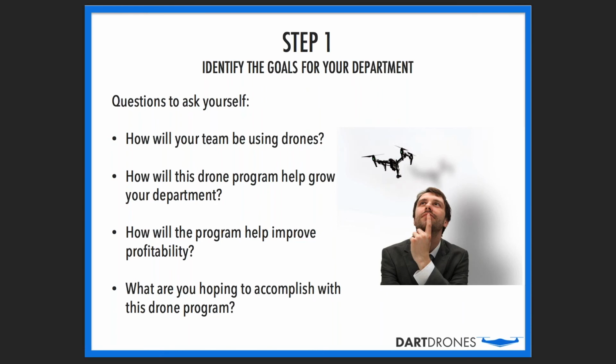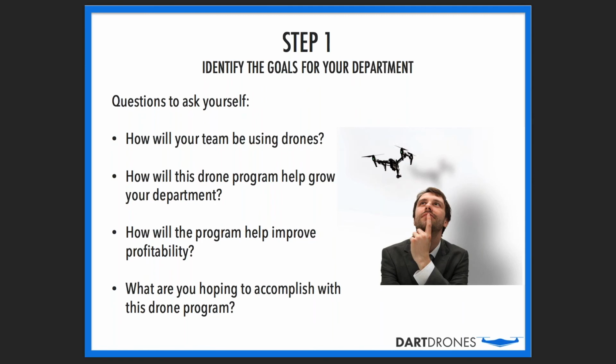First thing, you have to identify what you want the program to do. Some agencies are using drones across the board for pretty much anything they can find a use for, and others are looking at something very specific. A lot of times, from what we're seeing, the forensic side, crime scene and accident scene investigations, is adopting this technology more, utilizing the mapping and modeling functions.